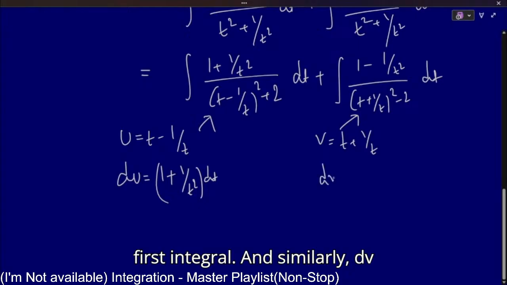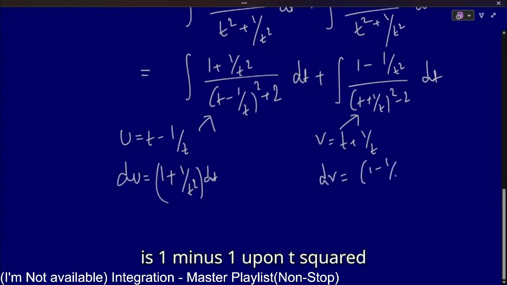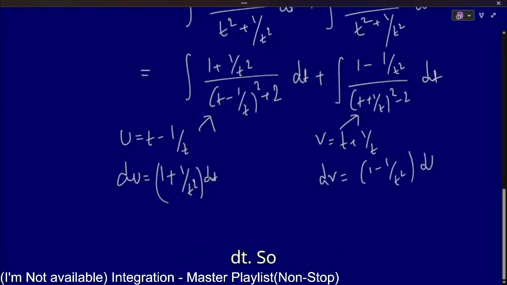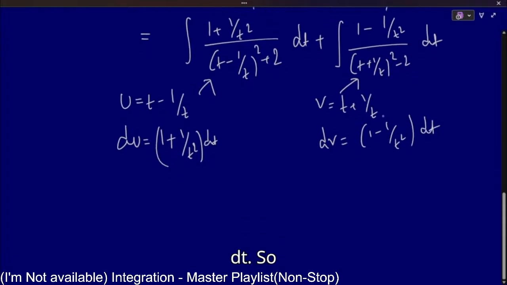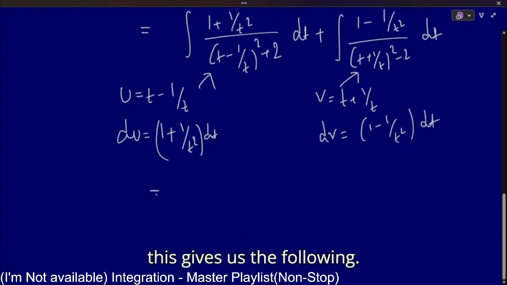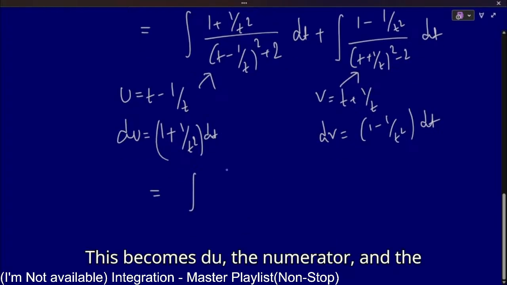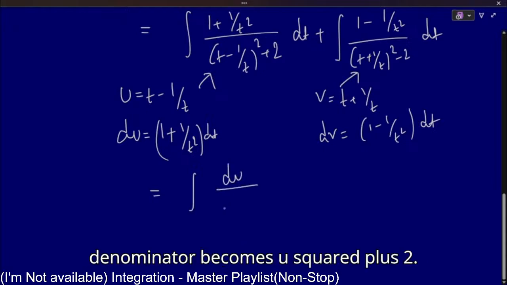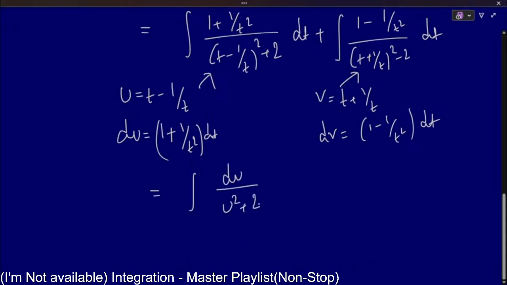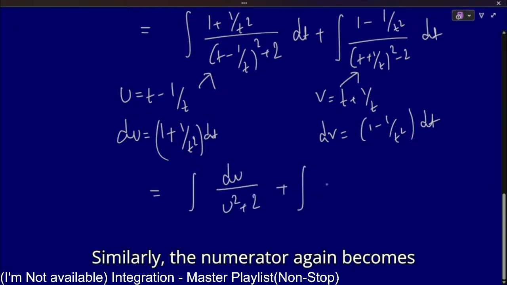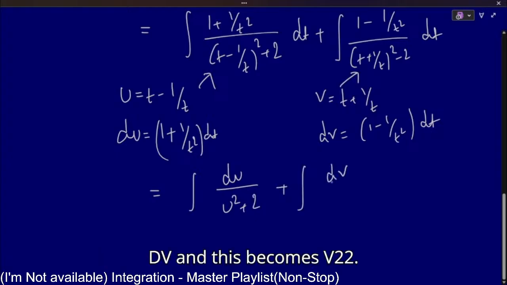And similarly, dv is 1 minus 1 upon t squared dt, correct? So this gives us the following. This becomes du in the numerator, and the denominator becomes u squared plus 2. Similarly, the numerator again becomes dv, and this becomes v squared minus 2.